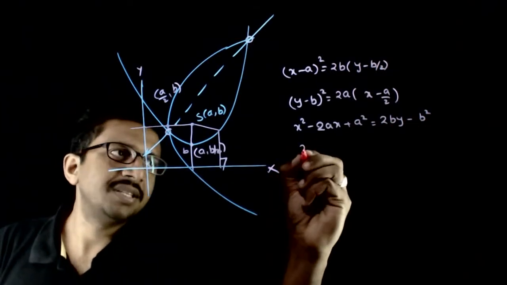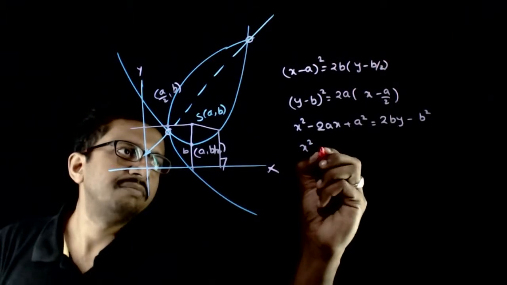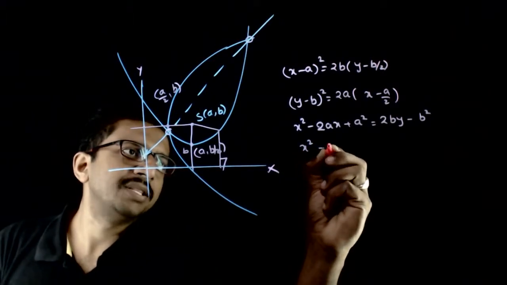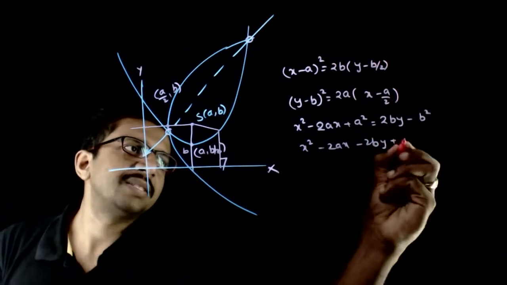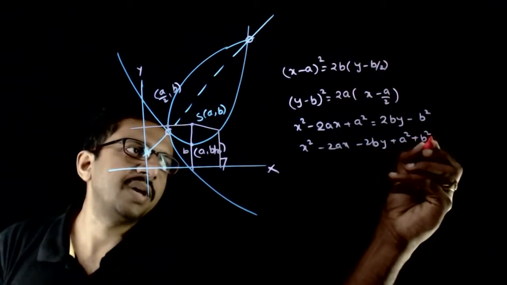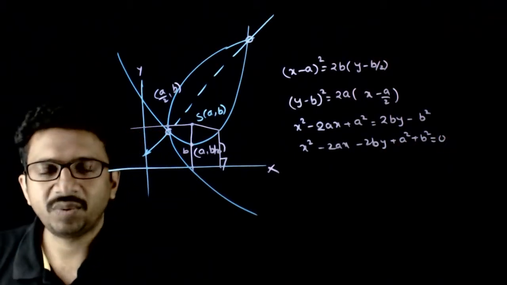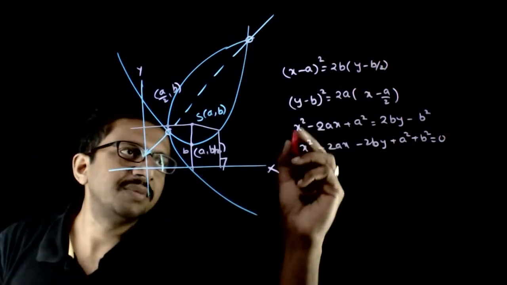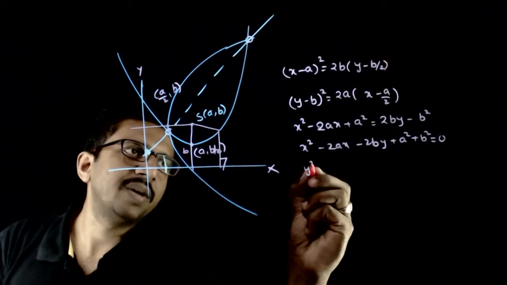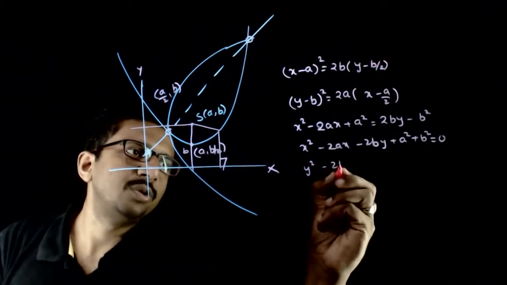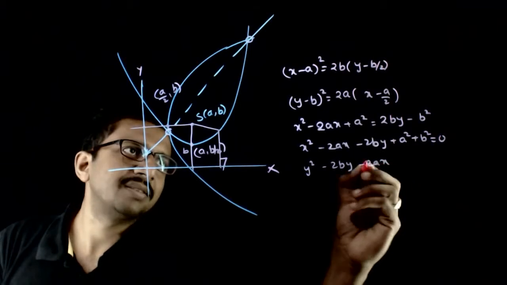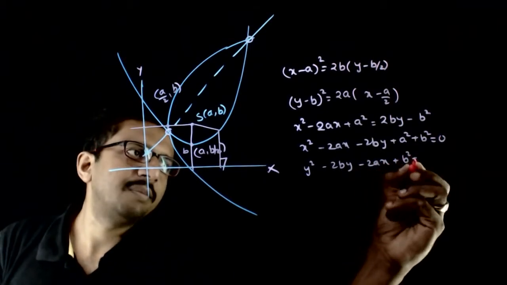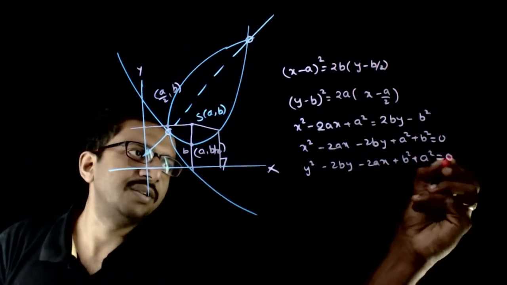That's the first equation, that is x squared minus 2ax minus 2by plus a squared plus b squared is equal to 0. And the other equation becomes y squared minus 2by minus 2ax plus b squared plus a squared is equal to 0.